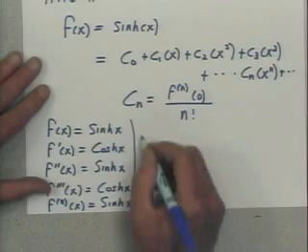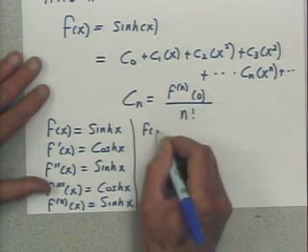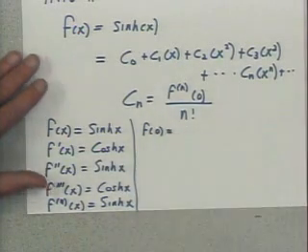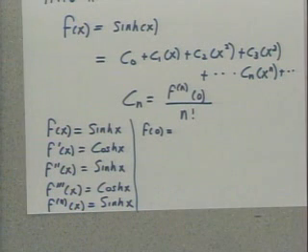Of course, what I have to do is evaluate each of these at 0. So the question is, what is sinh of 0? Well, if you didn't know, you could look it up. You could do it on your calculator. Of course, I wouldn't expect you to do that because that might take a little effort. Sinh of 0.